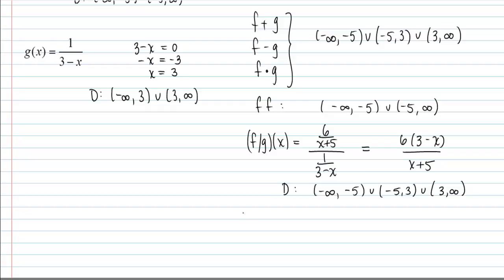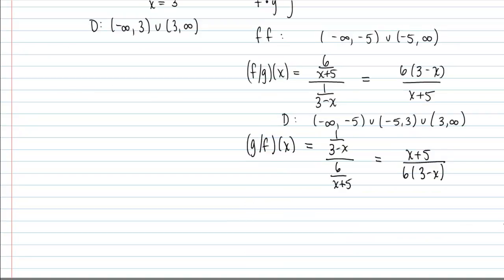And finally, let's find the domain of the quotient g divided by f. Again, it might be best to look at what the original function would look like, where I put g of x on top of f of x. And that simplifies to be x plus 5 over 6 times 3 minus x.